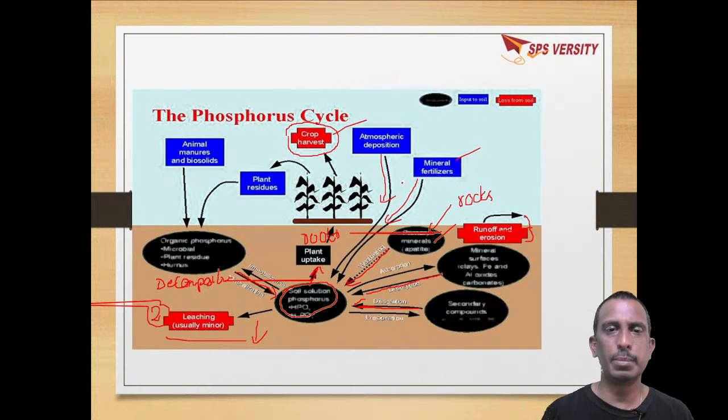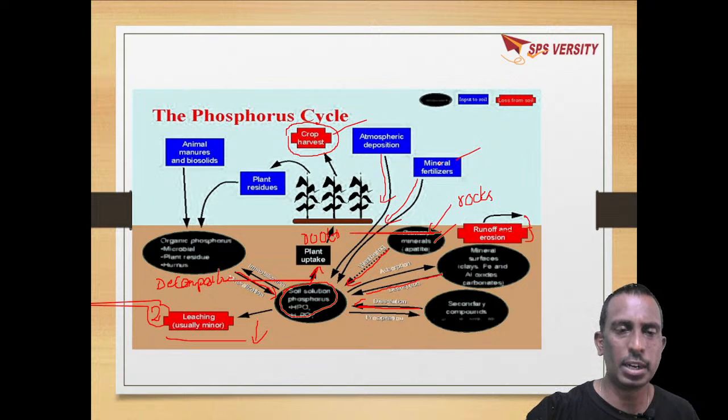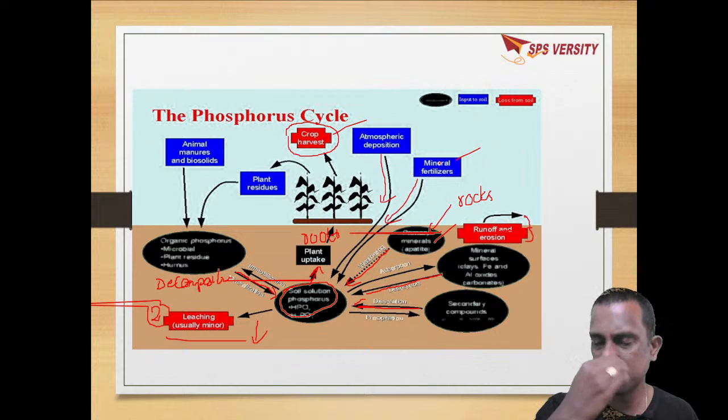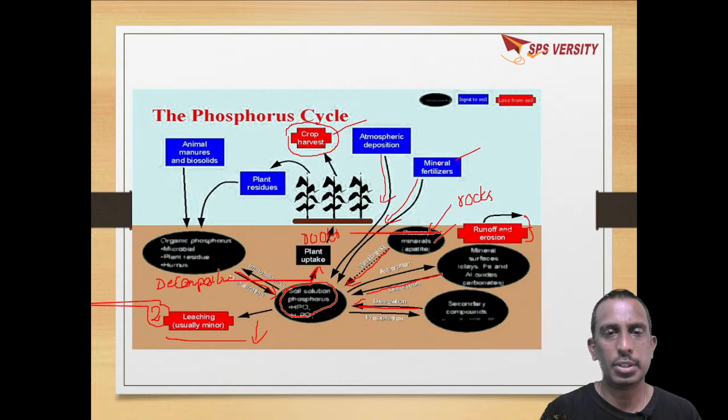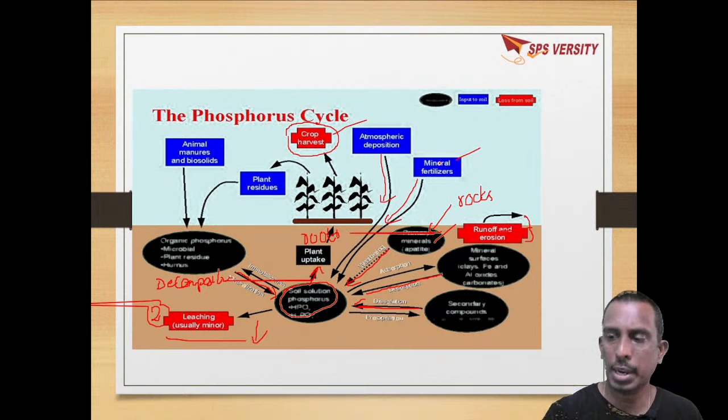By various means like weathering of rocks, adding fertilizers, and decomposition, all this phosphorus reaches the soil. From the soil it goes to the plants, which take it up through the roots. From plants it again goes to consumers.